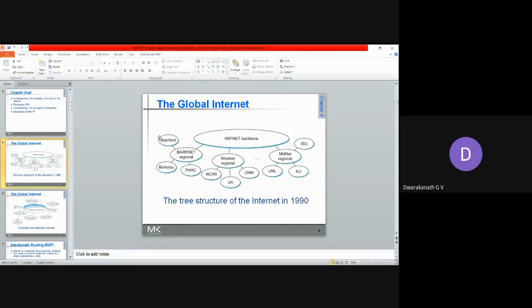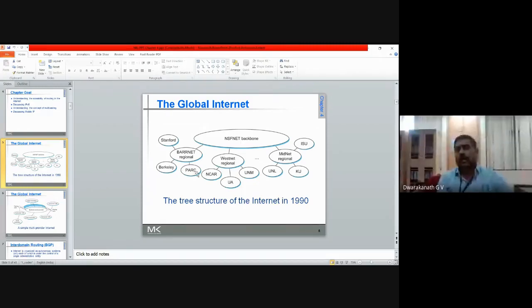The three regions will have different states or cities, taken as states in America. Like this you can see Stanford is there, Berkeley is there, and so on. Different sub-stations or states will be taken into consideration. That means you must imagine that one backbone will be there for a country.